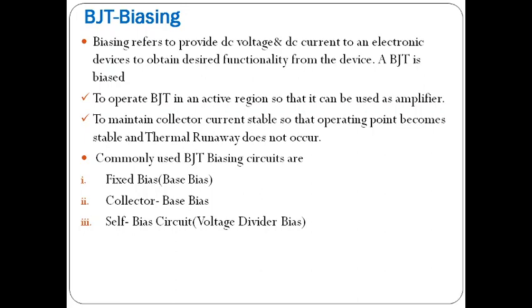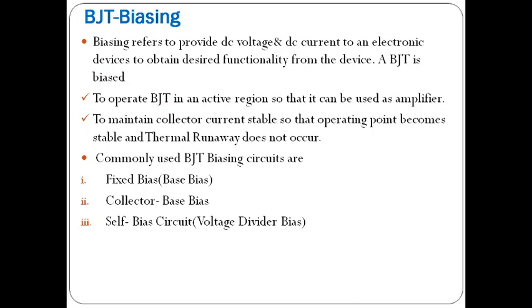So the desired functionality of our BJT is as an amplifier. To use that BJT as an amplifier, we must provide the required DC voltage and DC current. That is nothing but the operating point. So providing the DC voltage and DC current to make the BJT an amplifier is called BJT biasing.